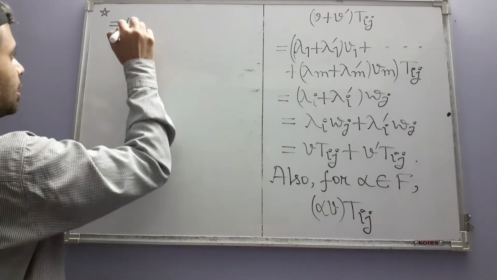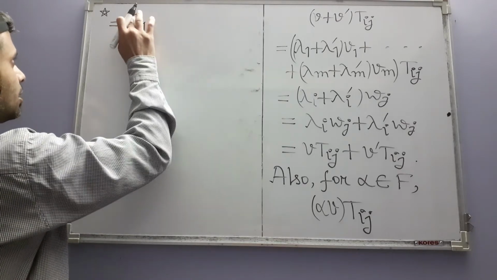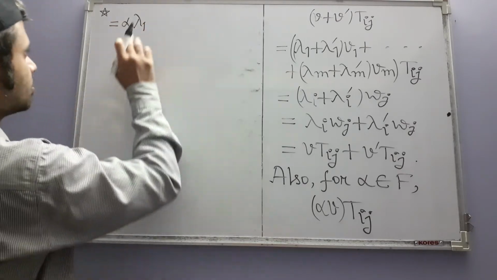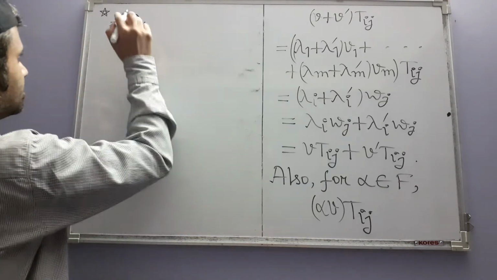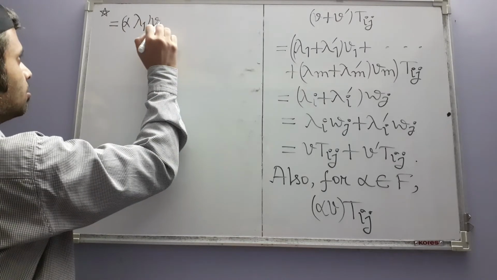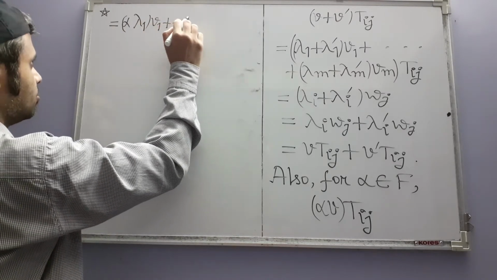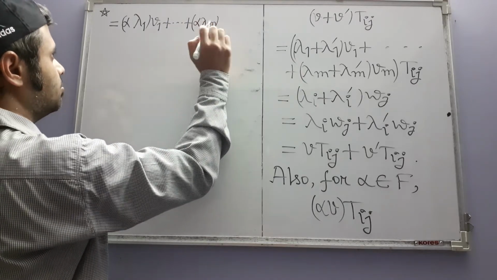Okay, so I think I was writing something wrong. Alpha lambda 1, am I doing it correctly? Alpha lambda, yes, alpha lambda 1 v1 plus alpha lambda 2 v2 and like that to alpha lambda m vm.